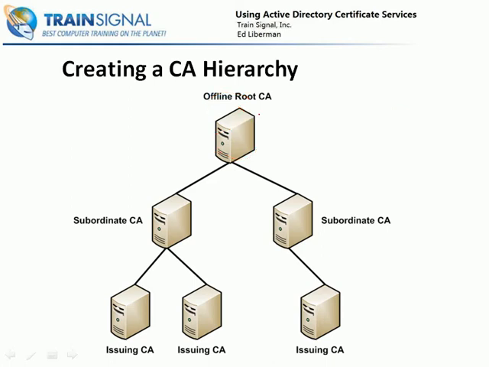Now, in the scenario that I've drawn out here, if this issuing CA were to become compromised, all we'd have to do is revoke, and I know we really haven't talked about revocation yet, the issuing CA's certificate. Up here at this level, the subordinate CA will basically take this issuing CA's certificate away.